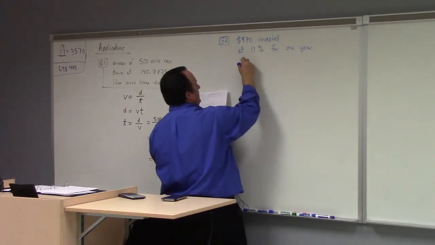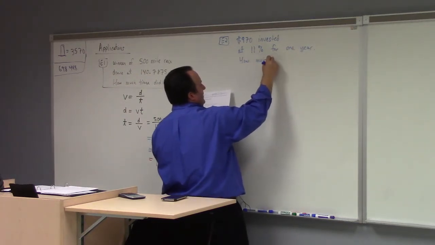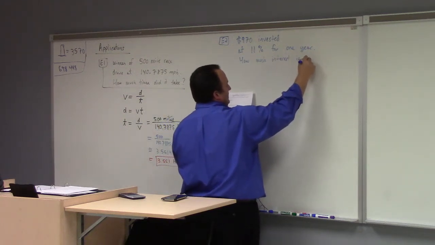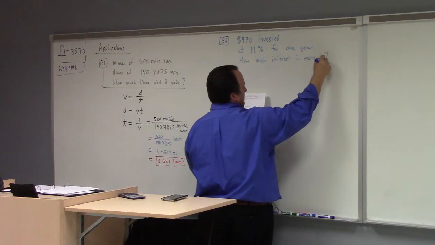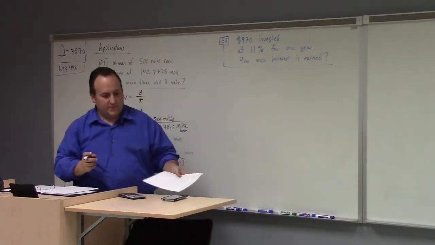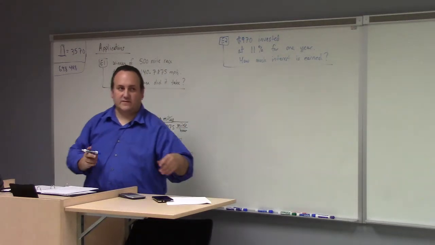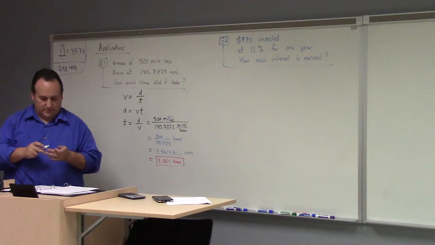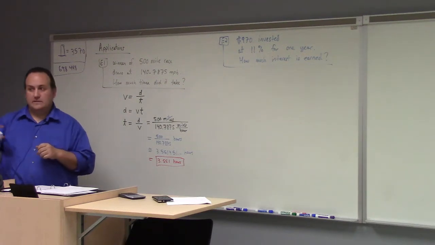How much interest is earned? All right, so this is a simple interest problem. So how do we calculate interest? Interest is principal times rate times time. Remember? I equals PRT.